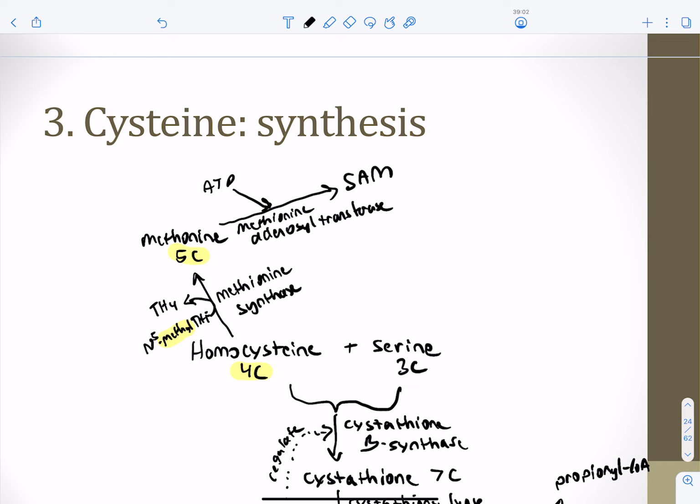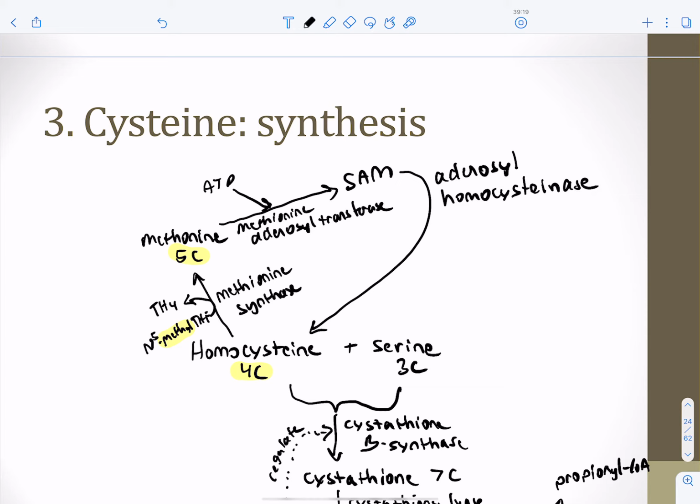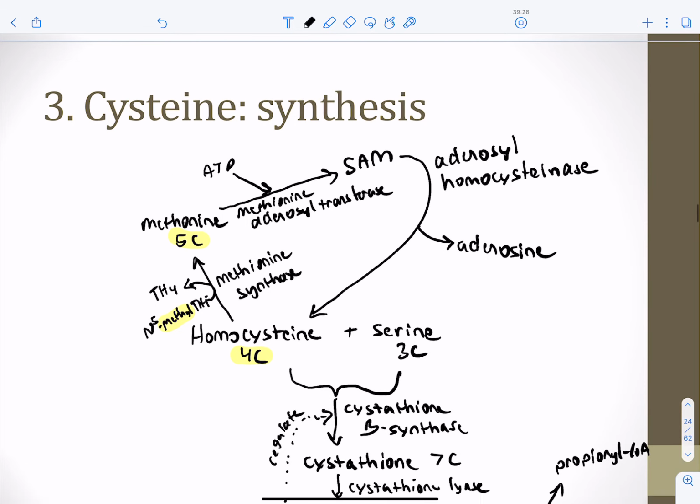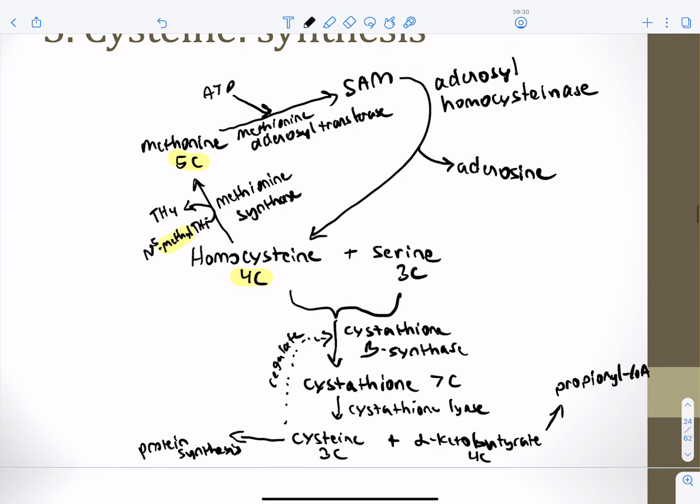Now SAM is going to reconvert to homocysteine and release your adenosine. Okay, and so that's pretty much what happens with your formation of cysteine. It's tightly connected to your formation of homocysteine and methionine in the production of SAM.